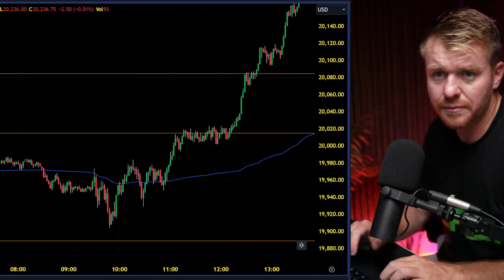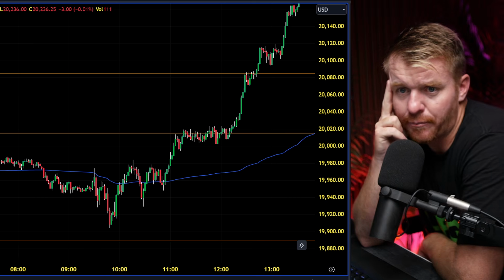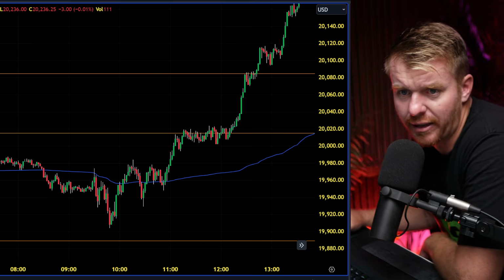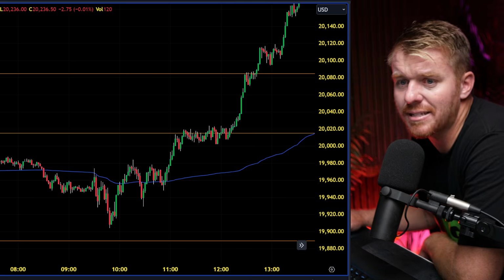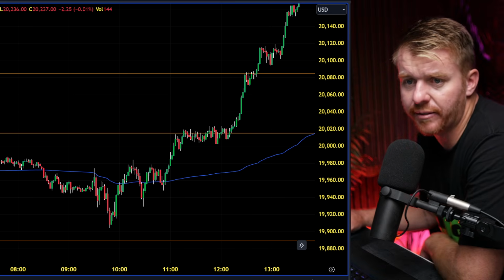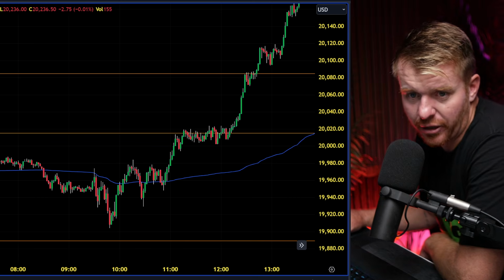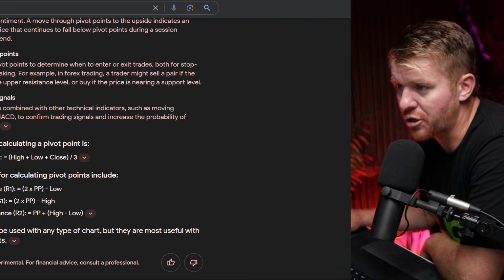in trading. Pivot points are a technical analysis tool that traders use to identify important price levels in financial markets. They are calculated using the previous day's high, low, and closing prices and are used to predict support and resistance. It's literally just an equation.